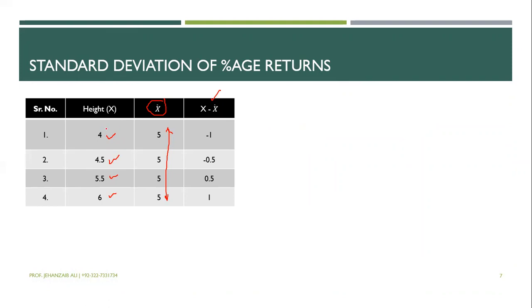So we can see that this individual having a height of 4 feet is falling behind the average by one foot. This individual is below the average by 0.5 foot, and this individual having the height of 5.5 feet is above the average by 0.5 feet. And this individual having the height of 6 feet is above the average by 1 foot.